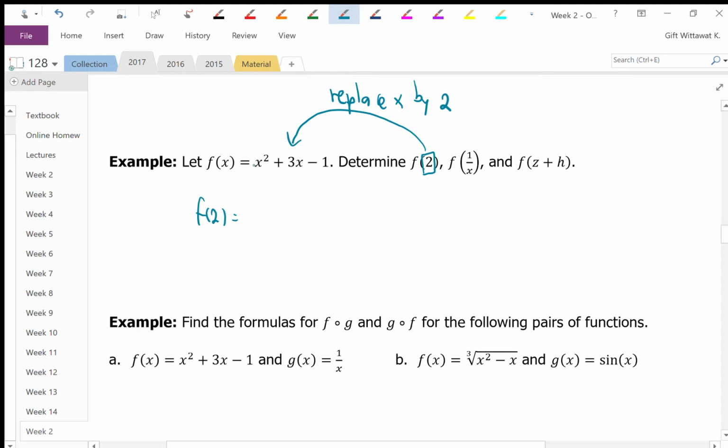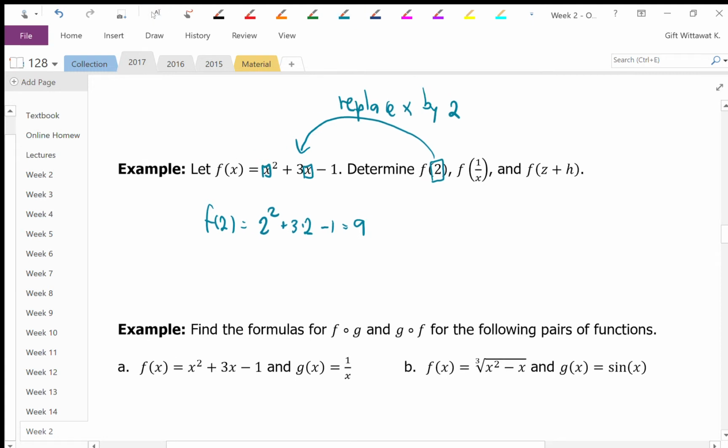Typically your x is a variable, so it just means your x can be anything. So it can be 2. So it's going to be 2 squared plus 3 times 2 minus 1, and you can easily compute that to equal 9. For f of 1 over x, once again, I replace all the x by 1 over x. So it's going to be (1 over x) squared plus 3 times 1 over x minus 1.